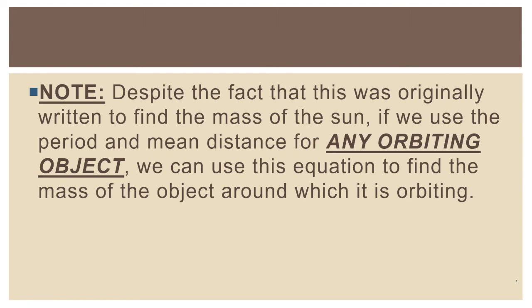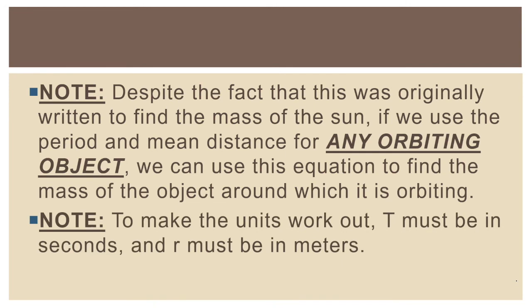And additionally, and this is an important note too, to make the units work out, the period must be in seconds and the distance must be in meters. Take a second to pause this video here and write that down. And when you hit play, we'll take a look at a problem.